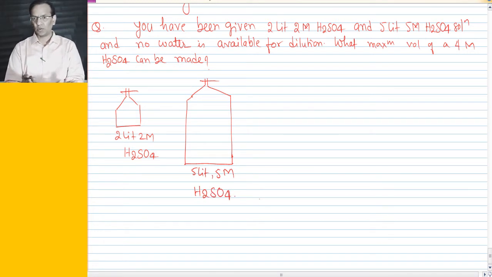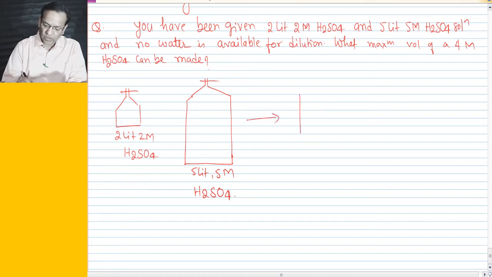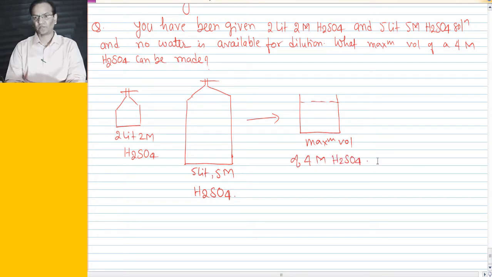These two are the only solutions. No solvents are available. You can just take volumes of these two solutions as per requirement, and you have to produce the maximum volume of 4 molar H2SO4 solution.